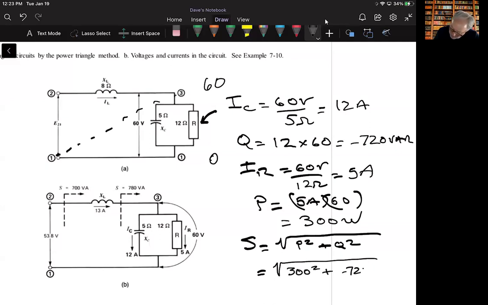If I take negative 720, square it, and add the square of 300, I come up with 780 volt amps in terms of the apparent power in this branch of the circuit. I think I'm just having fun here. But anyway, the apparent power associated with that branch, and I won't say absorbed or given, I'm just going to say associated with that, is 780 volt amps.